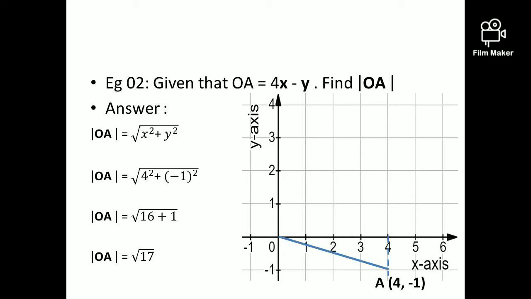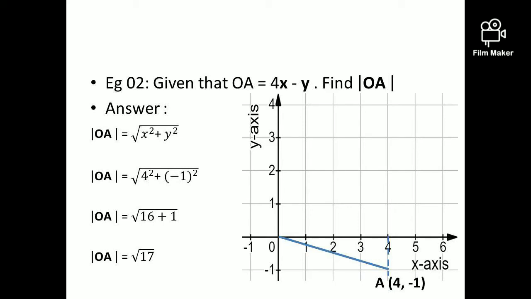This is the second example to verify the previous theory. Here they have given the vector OA as 4x minus y. You have to find the modulus of vector OA. 4x minus y means along the x-axis it travels 4 units and along the y-axis it goes 1 unit down. That is what the minus y indicates.